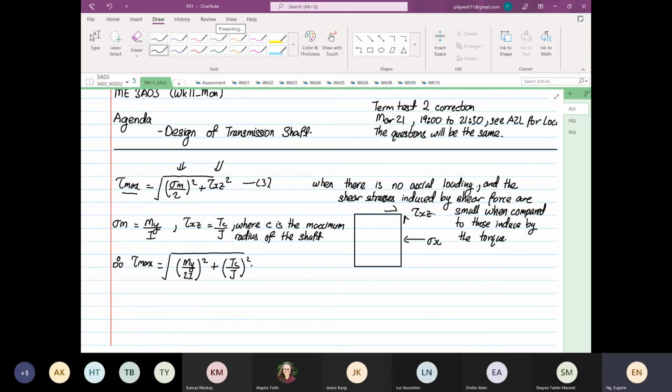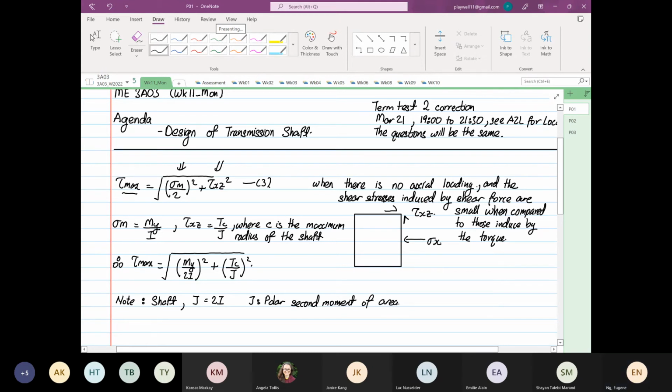Then from here, I'm going to put a note: because we are dealing with a shaft, J is equal to 2I, where J is the polar second moment of area, and I is just our second moment of area.